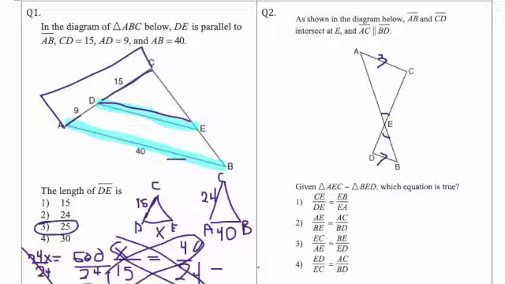So something I want to point out is sometimes it's really hard to see what's corresponding. So what I really like to do is, okay, these are parallel, so this is congruent to this, alternate interior angles, and this is congruent to this. And I'm actually going to erase out the vertical angles just so I could see better.